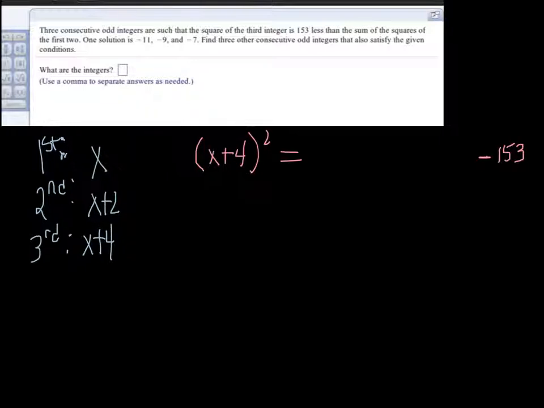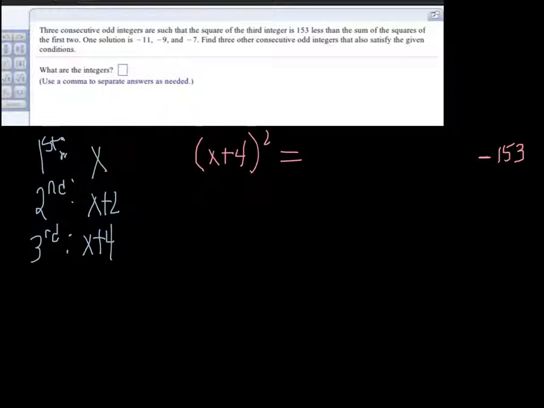What does sum mean? Sum means that we're going to add, right? And in reading problems, it says it's 153 less than the sum of the squares of the first two numbers.